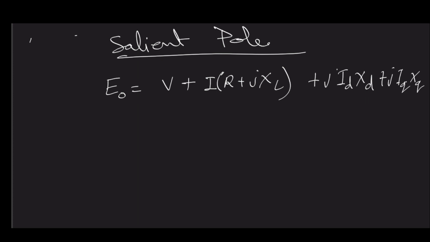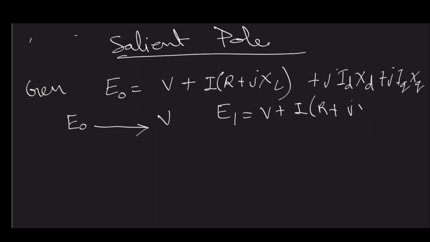So basically the current was flowing, in case of generator, from E naught to V. And also you have E1, that was V plus I R plus JXQ, correct? And also you have only E, that was V plus IR plus JXL.